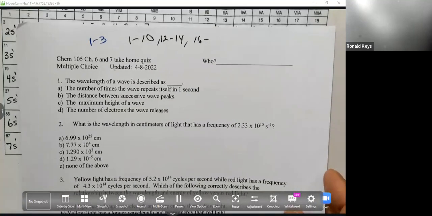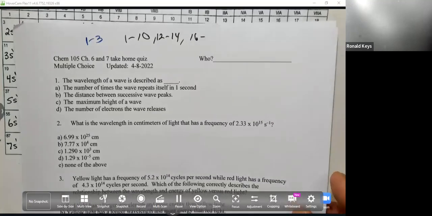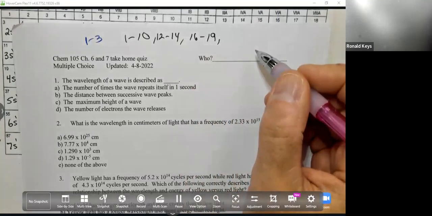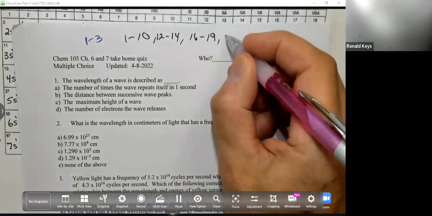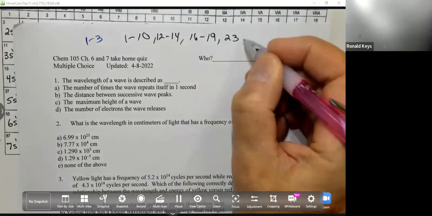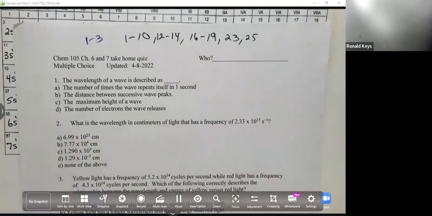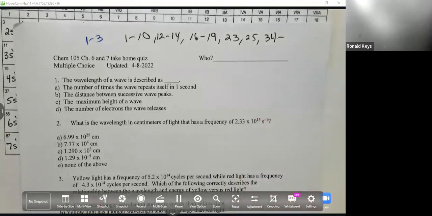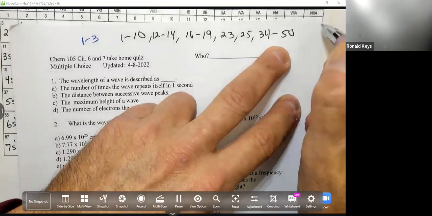So on this quiz, then there's review problems here, 34 through 50. It goes to 50. So you should be able to do these quiz questions.